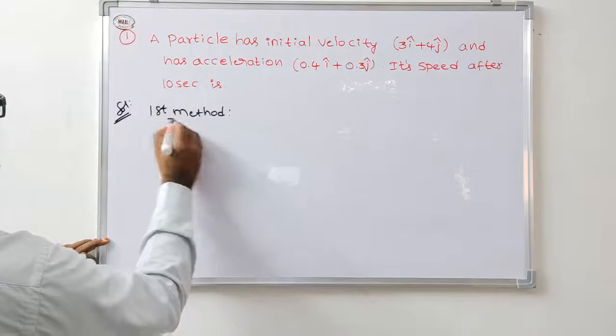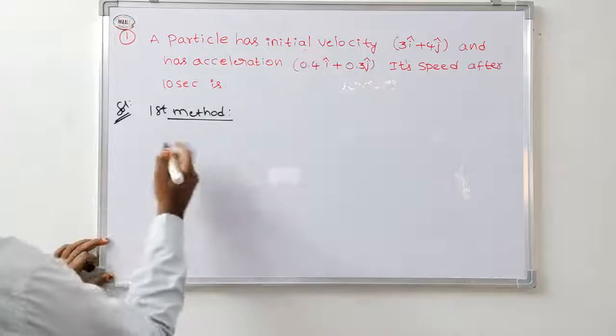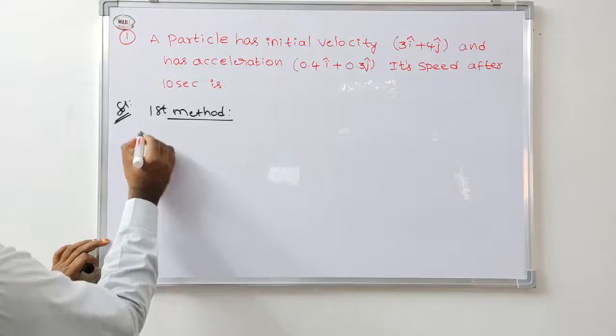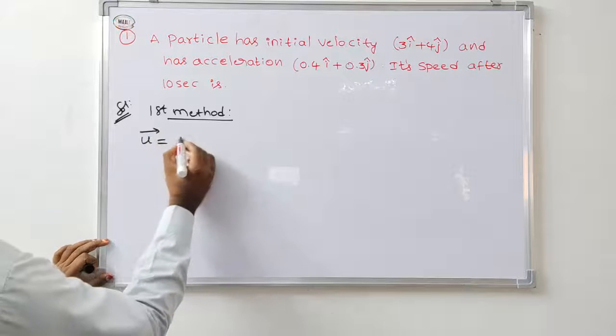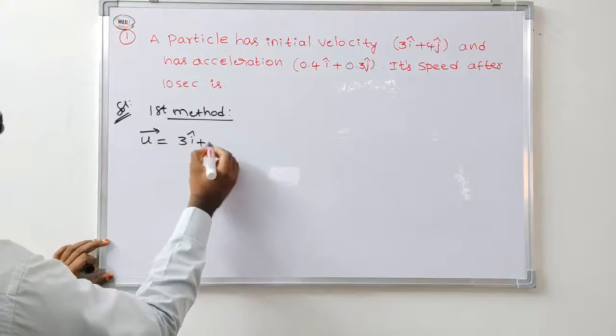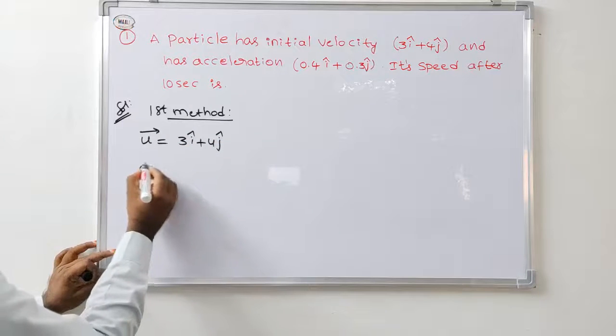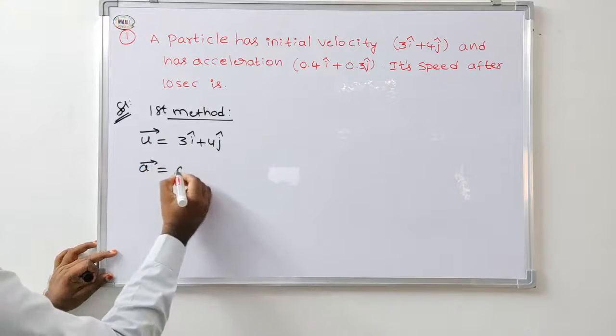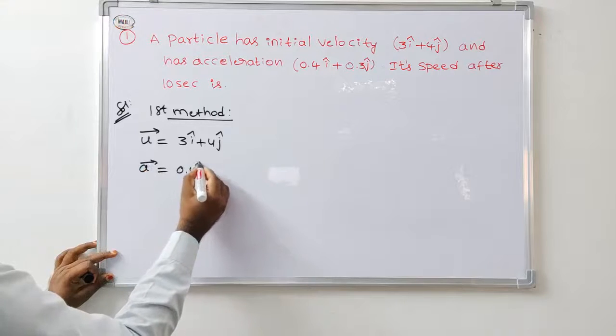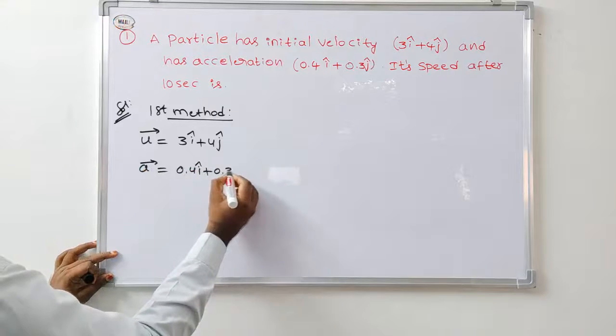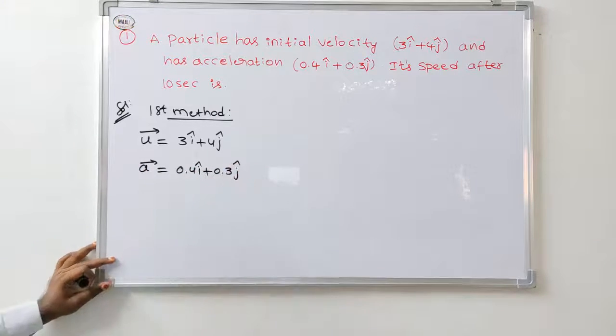In this first method, initial velocity u bar is equal to 3 i cap plus 4 j cap and acceleration a bar is equal to 0.4 i cap plus 0.3 j cap.